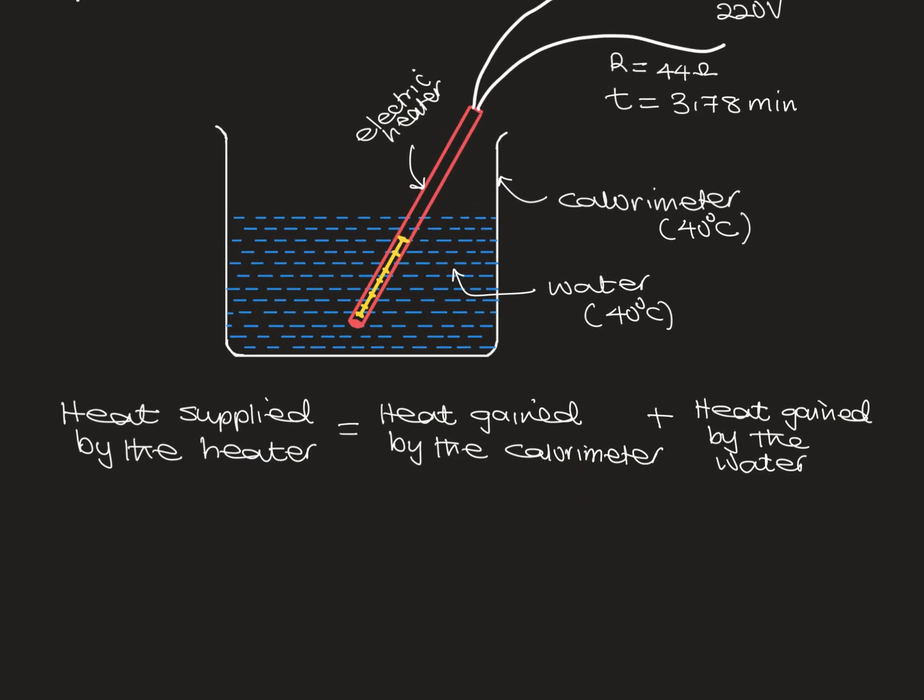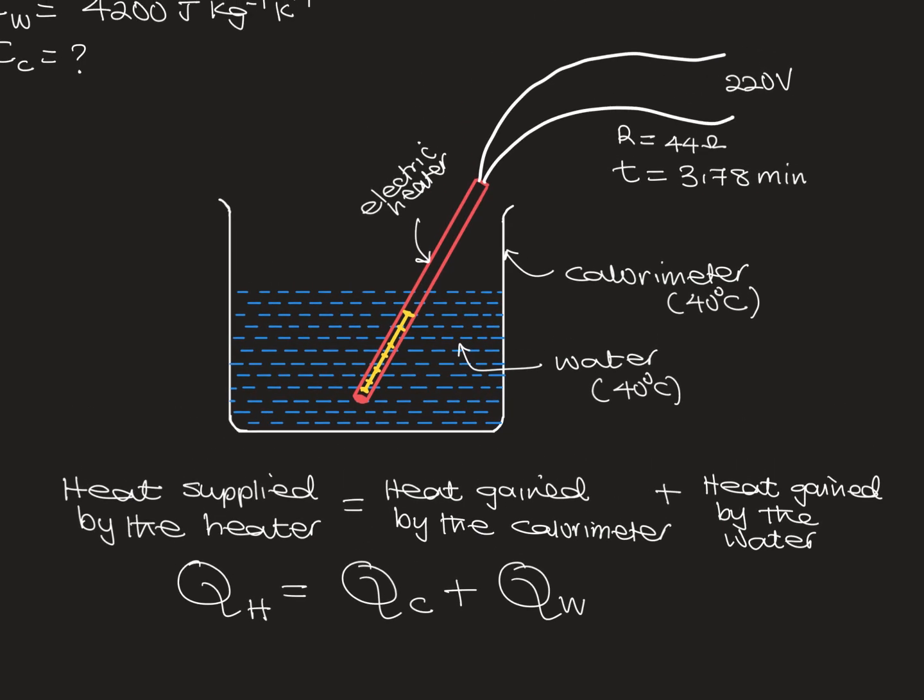So we can say the quantity of heat supplied by the heater is equal to the quantity of heat gained by the calorimeter plus the quantity of heat gained by the water.